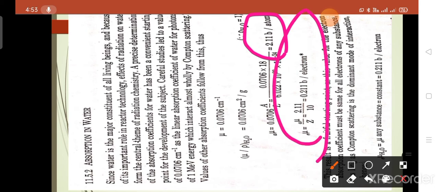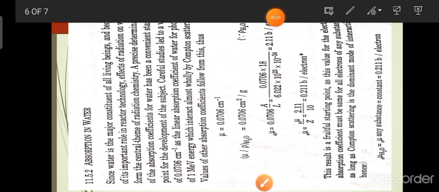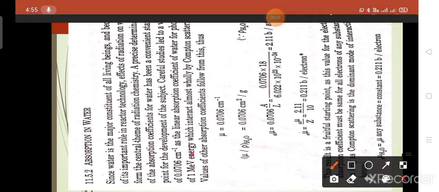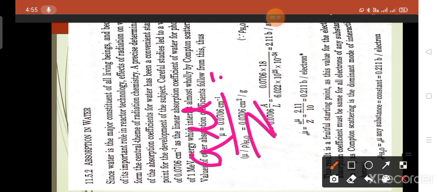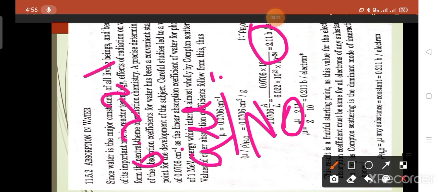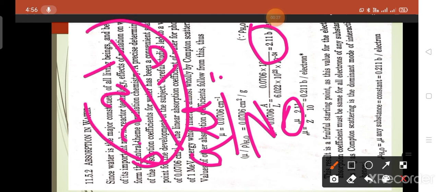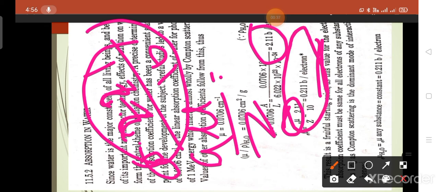We can calculate it using the formula A mu by Z. The value of A mu we got is 2.11 barn, that is the atomic absorption coefficient, divided by Z, where the value of Z is 10. So 2.11 divided by 10, we got the value 0.211 barn per electron.